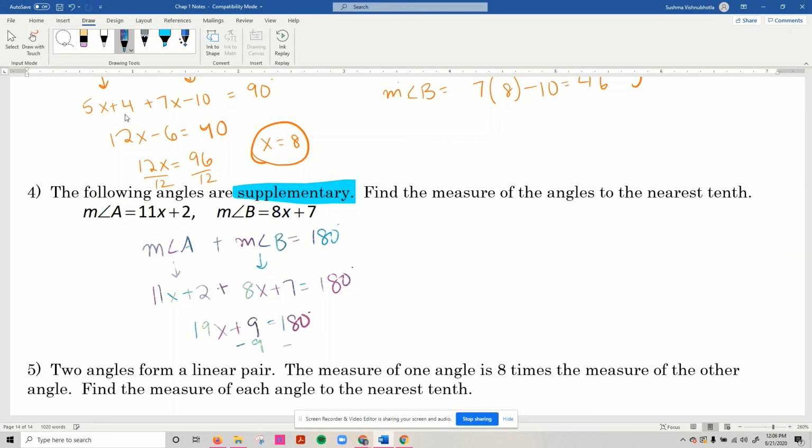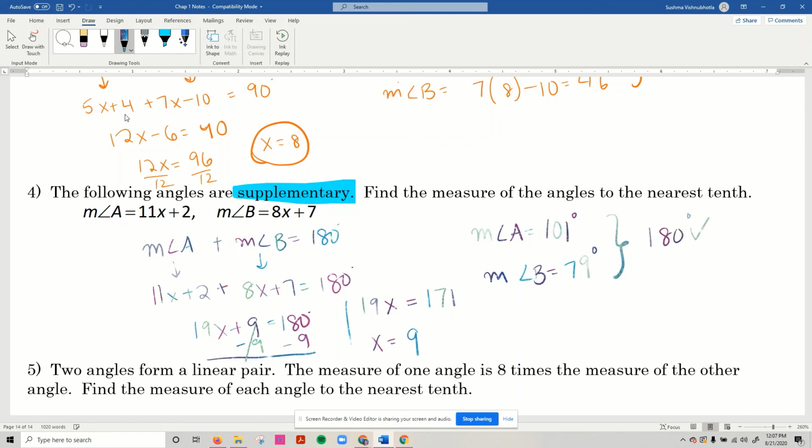Subtract 9 on both sides. Divide by 19. So you should get x equals 9. And when you substitute into each of these expressions, you should get the measure of angle A is 101 degrees. And the measure of angle B is 79 degrees. And both of these, A plus B, does equal 180. Okay?